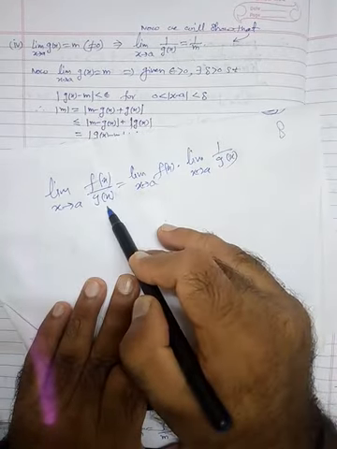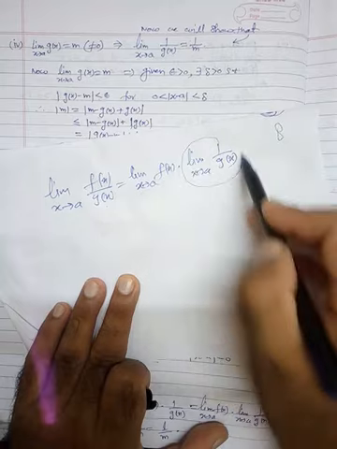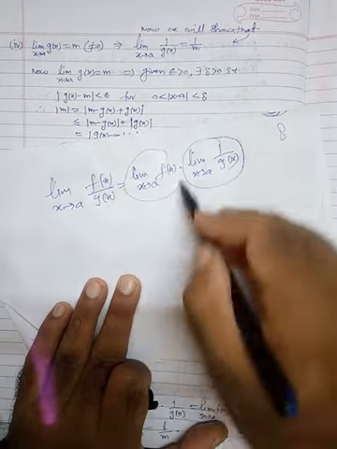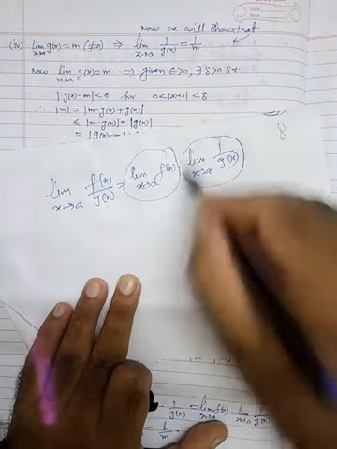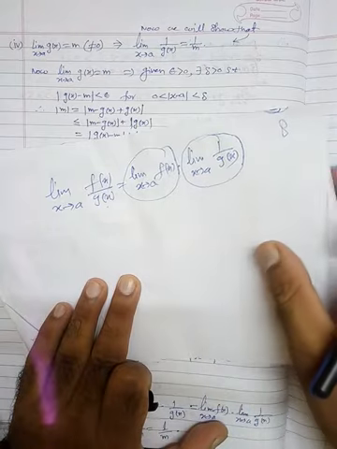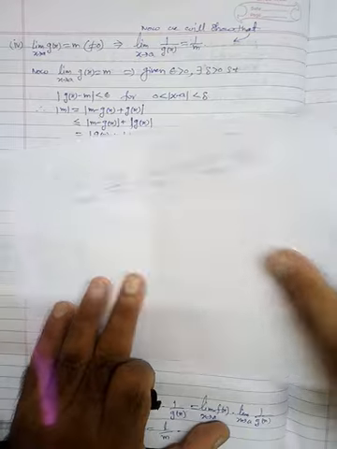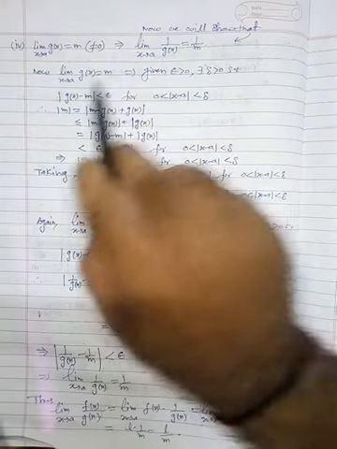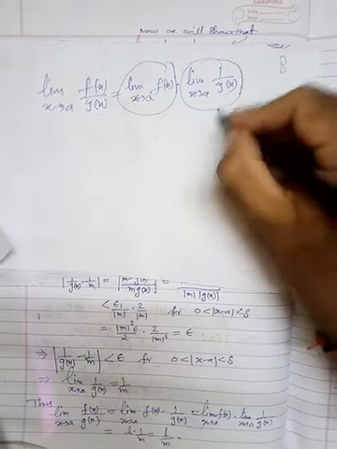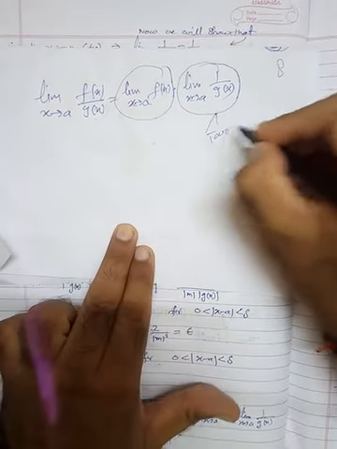So we are finding first this part, because the limit of f of x is already given to you, which is equal to L. So now to find out this part, we will again divide it into two parts.